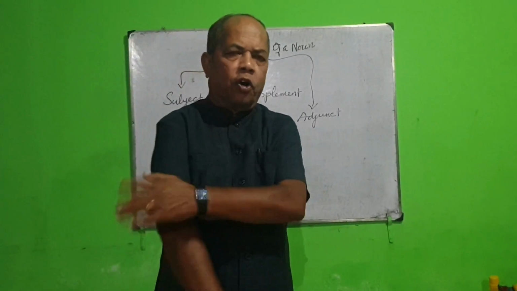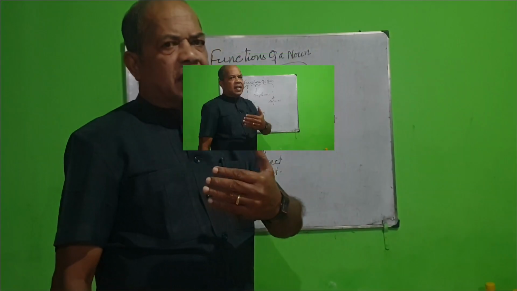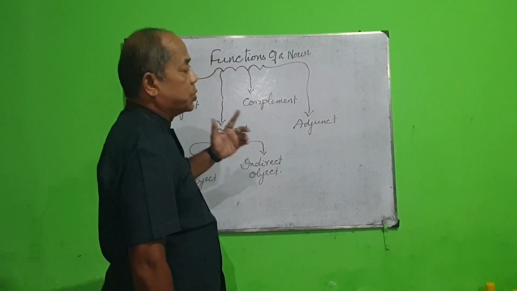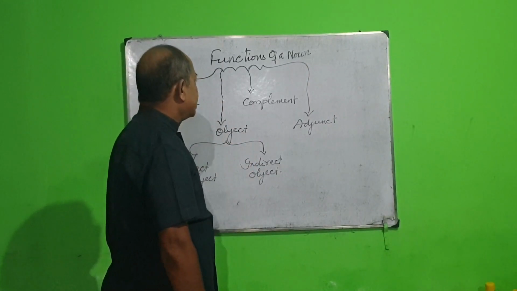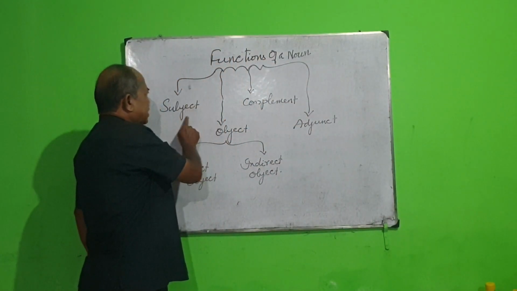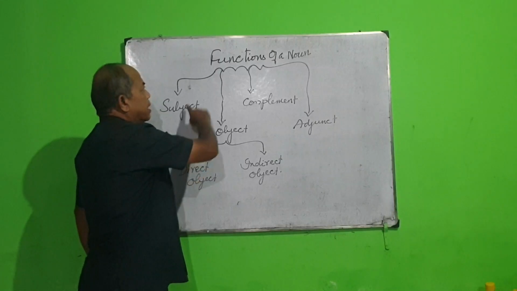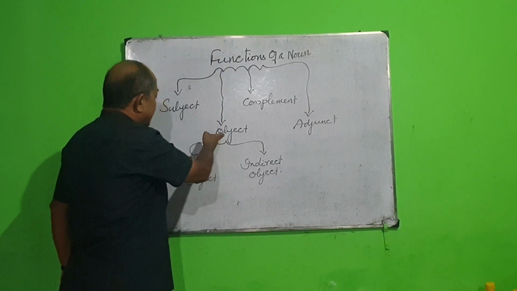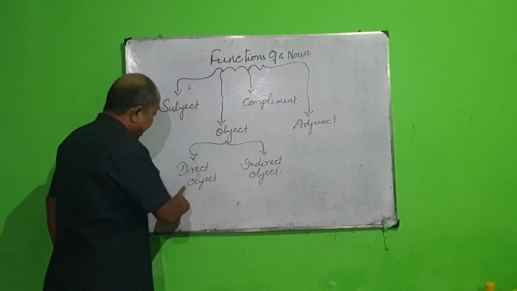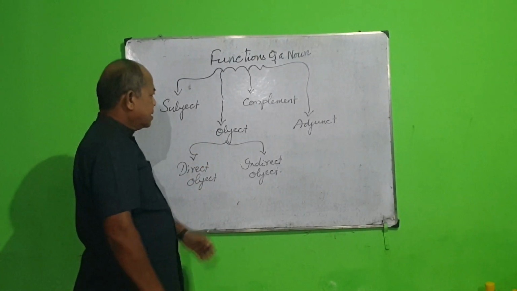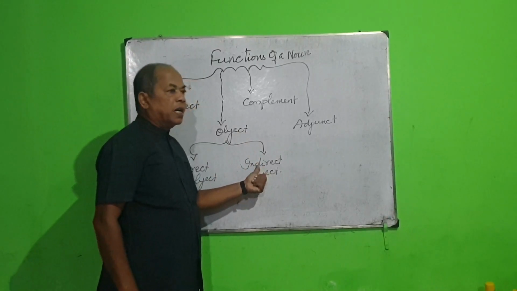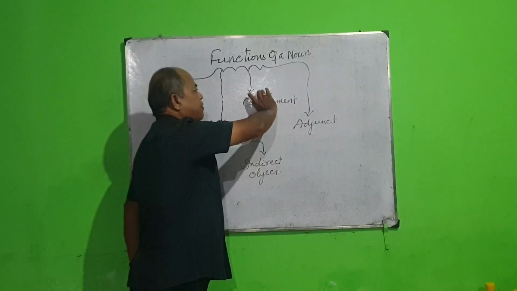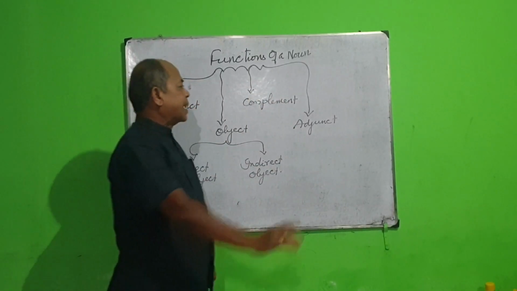As I have told you before, anything under the sun has got a function to do. Noun has got its own function to do. In a sentence, it can come as a subject, an object, a direct object, an indirect object, a complement, and an adjunct.